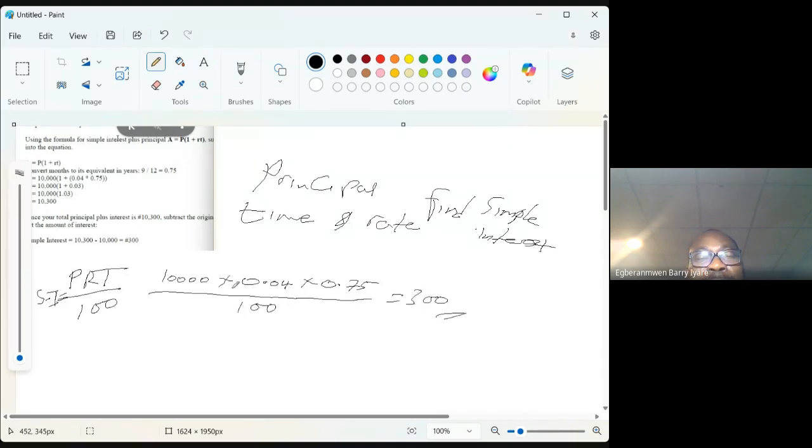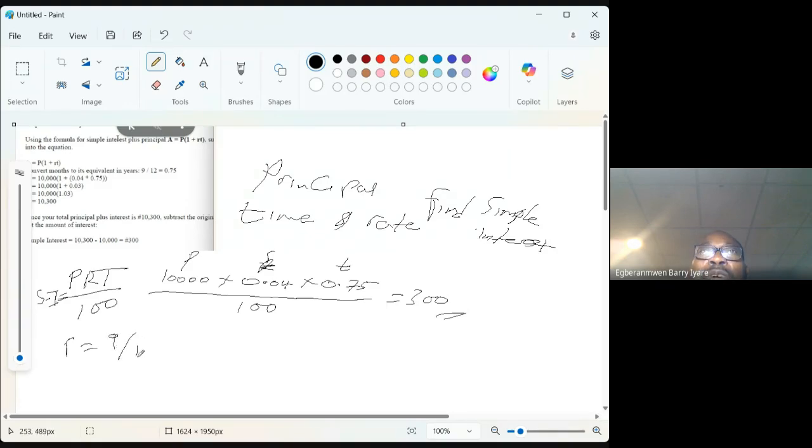I just wanted you to understand how to get the amount, then subtract the principal from the amount to get the interest. But you can solve it using the direct method here, which is I equal to PRT. P is 10,000. Small r, you have to convert the big R to small r by dividing the big R, which is 4%, by 100, you get 0.04. Now, T, they gave us 9 months. And I said you need to convert it to years.